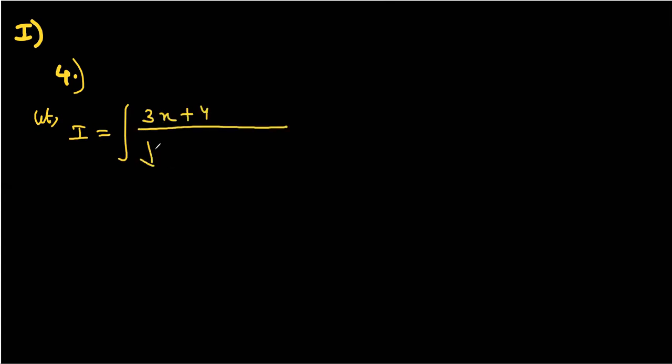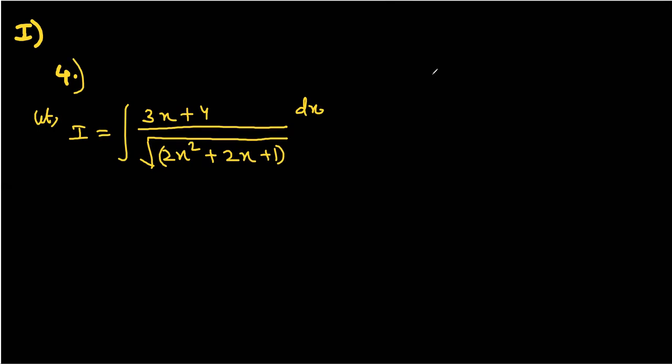Let I equal the integral of 3x plus 4 upon square root of 2x square plus 2x plus 1 dx. So the first step is to adjust the derivative of quadratic in place of linear.